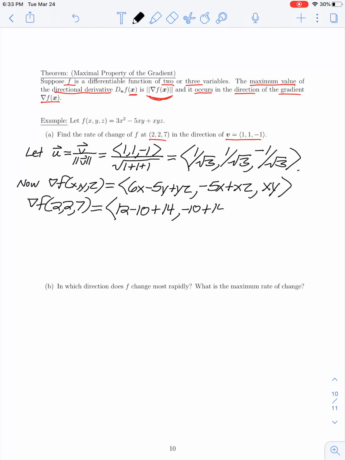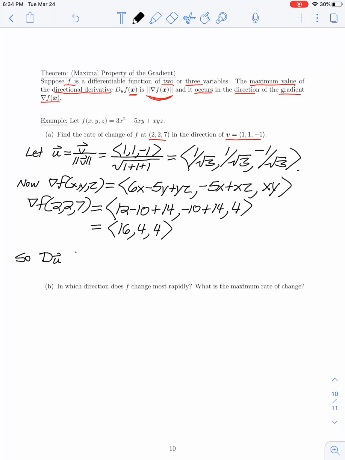For our second component, we'll have negative 10 plus x times z, which is 14, and x times y, which is 4. So this reduces to 16, 4, and 4.